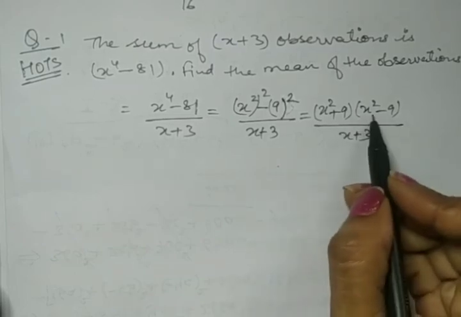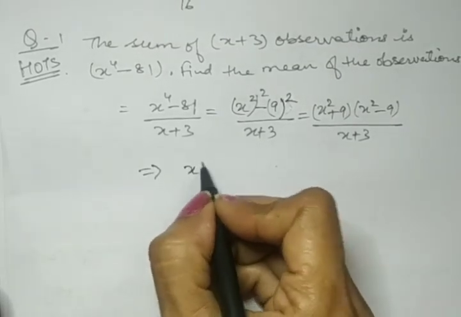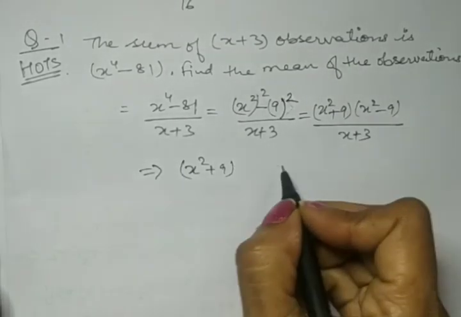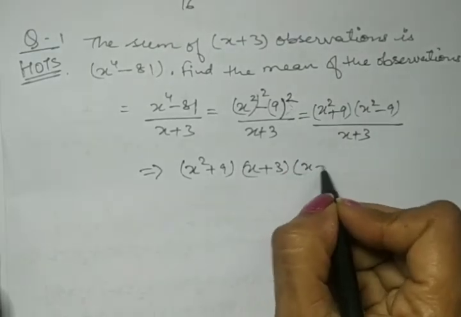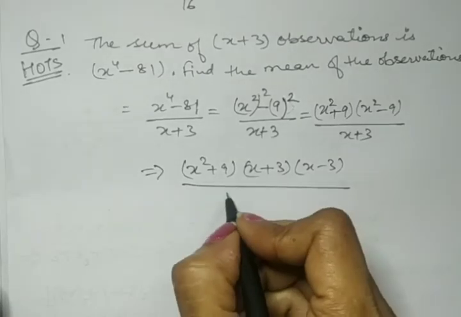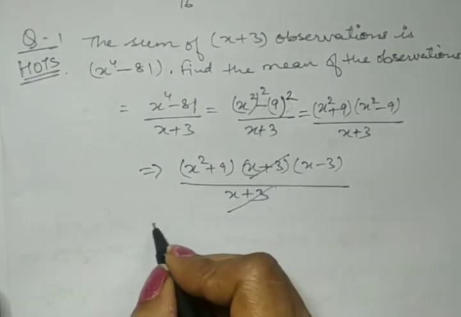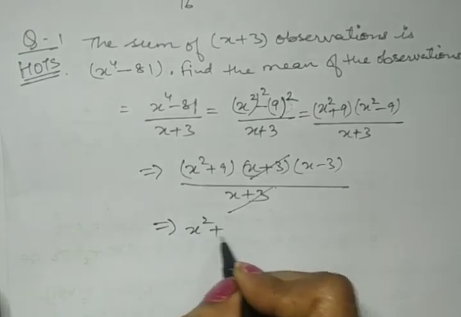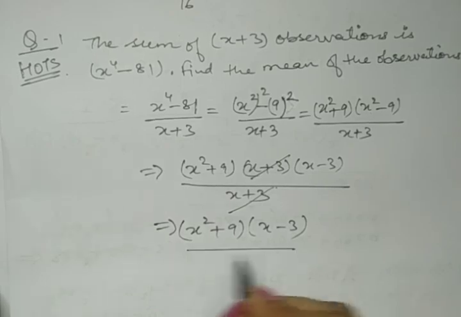Again using identity third for this part, we will get x square plus 9 multiplied by x plus 3 x minus 3 divided by x plus 3. X plus 3 cancels with x plus 3. So we are left with x square plus 9 multiplied by x minus 3, and this is the answer.